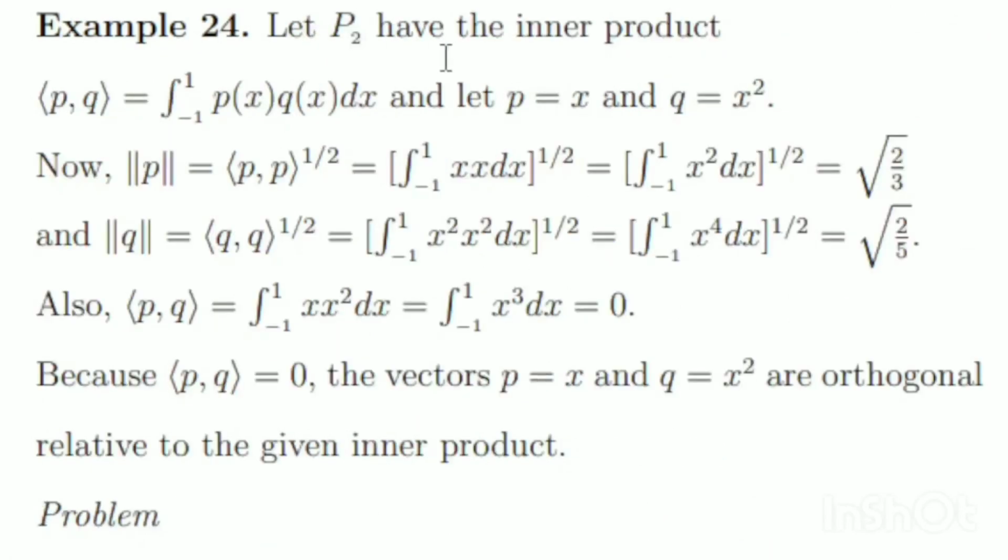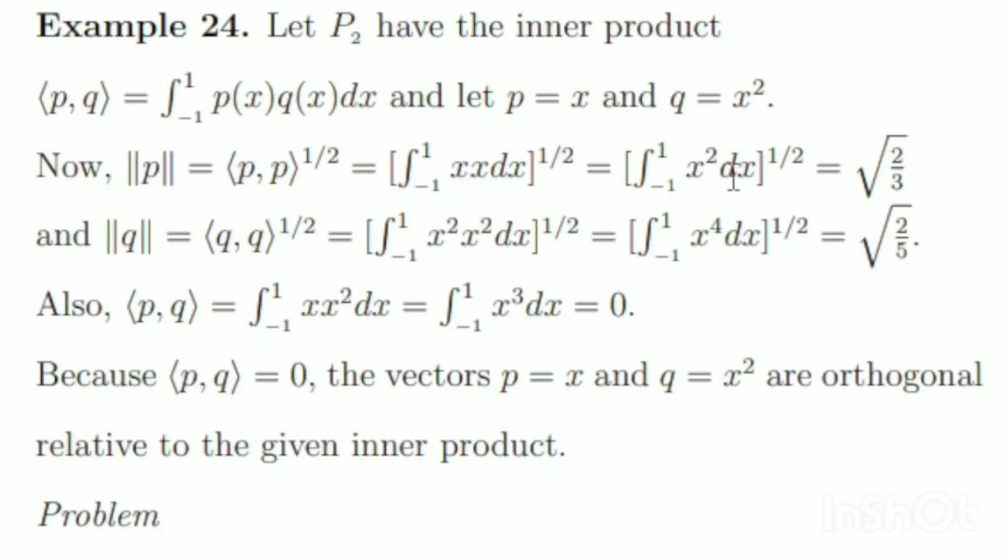Let P2 have the inner product ⟨p, q⟩ equal to integral from -1 to 1 of p(x) q(x) dx, and let p equal to x and q equal to x square. Is it orthogonal or orthonormal? The norm of p is equal to inner product ⟨p, p⟩ raised to 1 by 2.